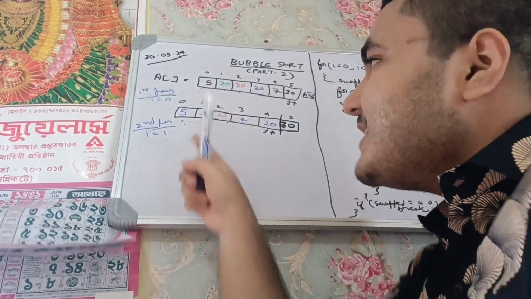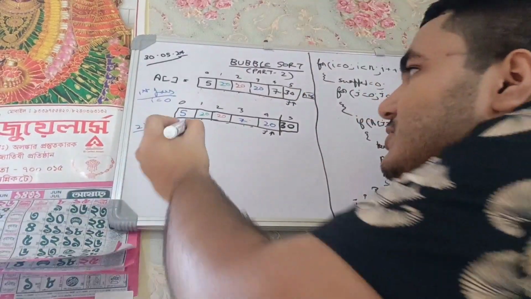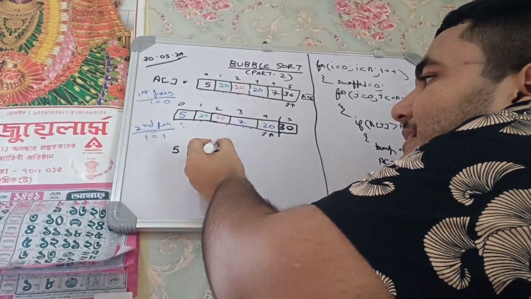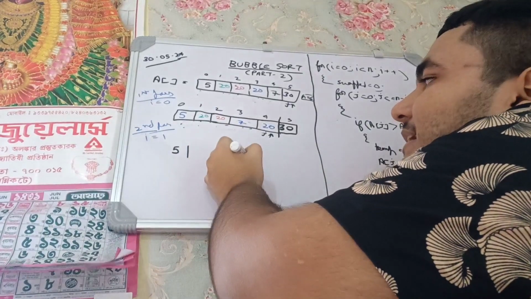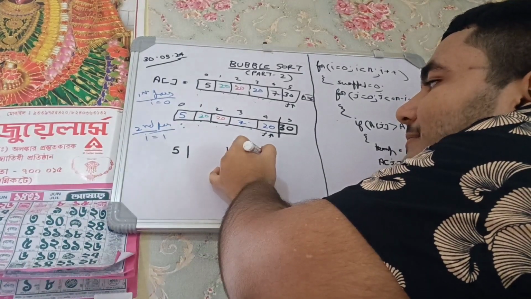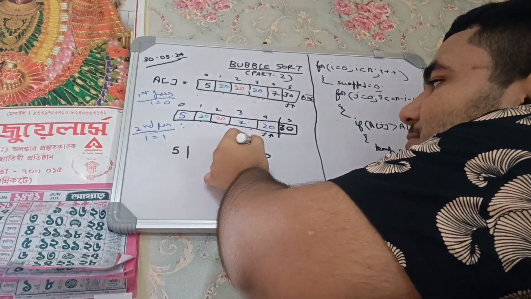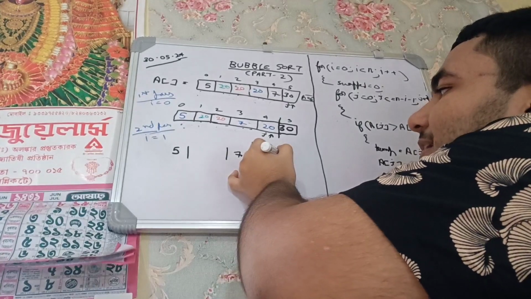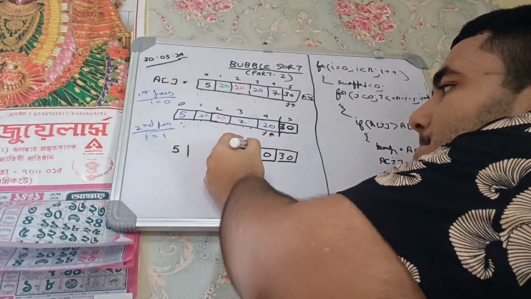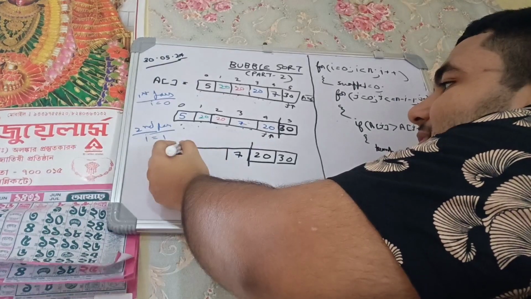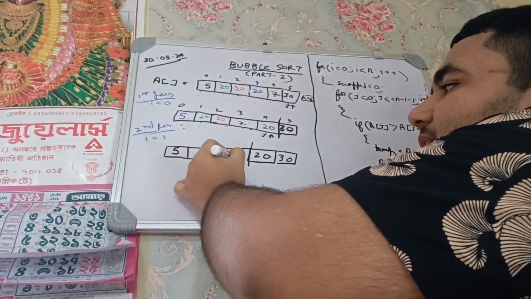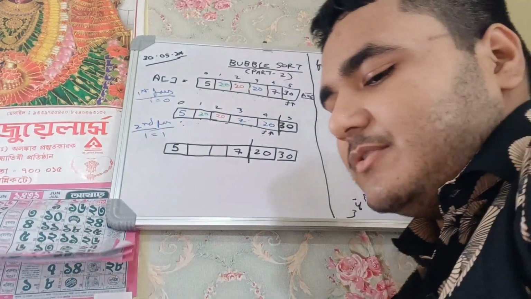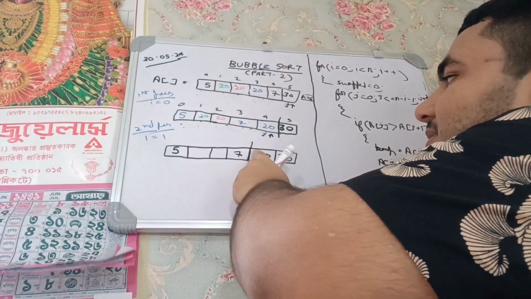So after the end of the second pass, the modified array which we have is 5, and somewhere here 7 at index 3, 20. Up to this portion it is sorted after the second pass. 20 and 30 are at their correct position, right? It's my bad.